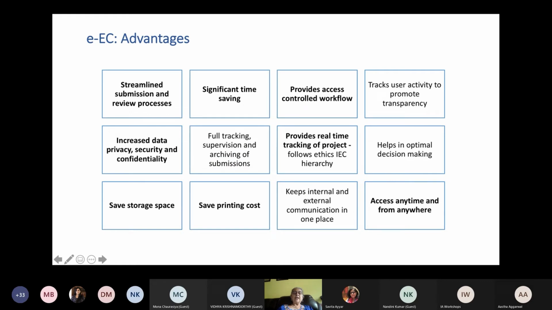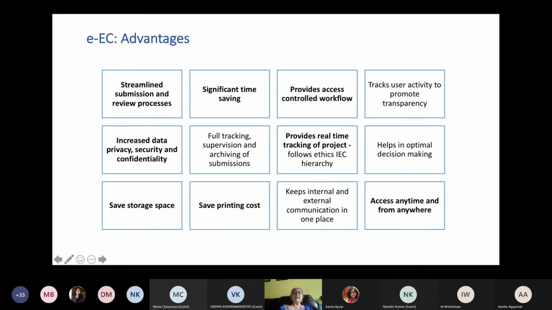So we have a streamlined submission and review process. There is a significant saving of time. It provides an access-controlled workflow, tracks user activity to promote transparency. It increases data privacy, security, and confidentiality.